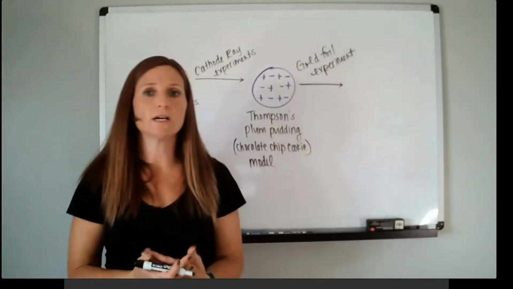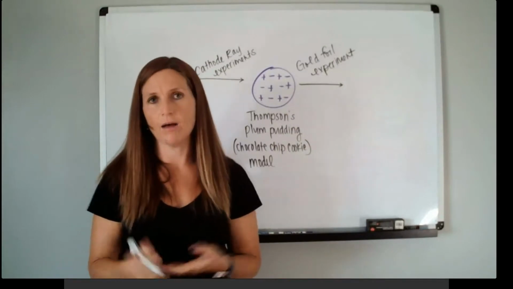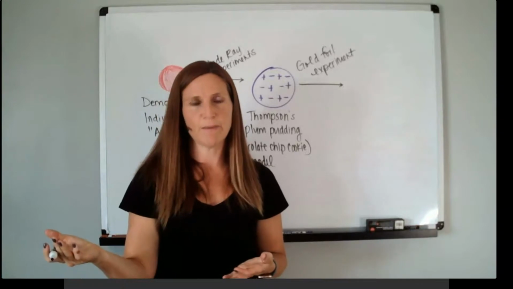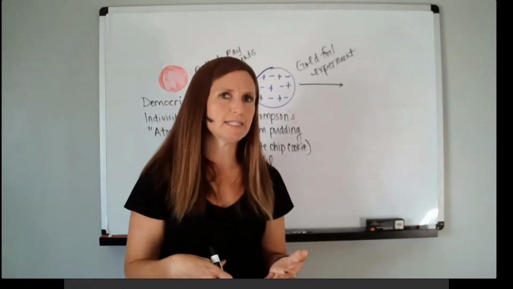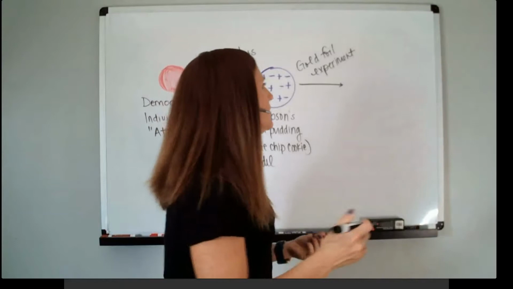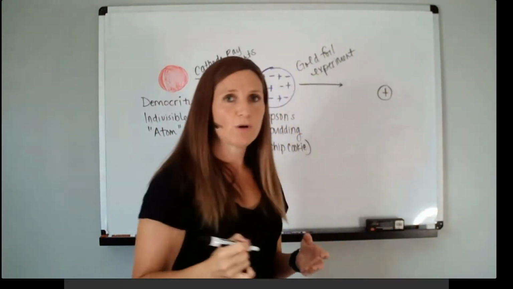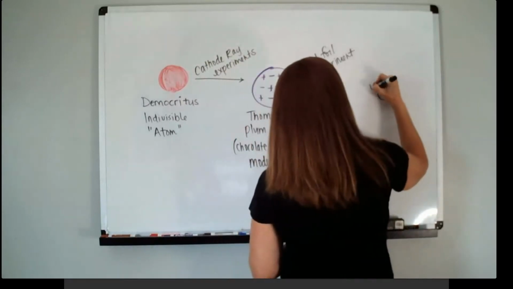So as far as we're going to take our model of the atom in this chapter, remember in chapter 5 we're going to expand it, we're going to leave it with this dense positive center, which we call the nucleus.